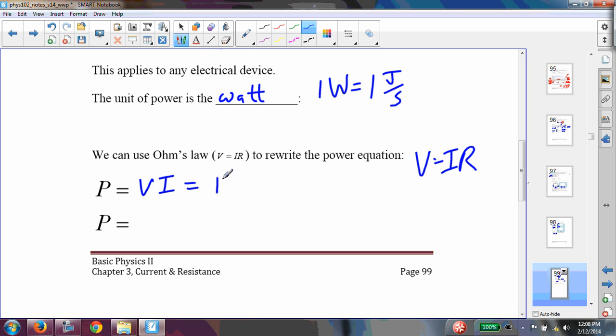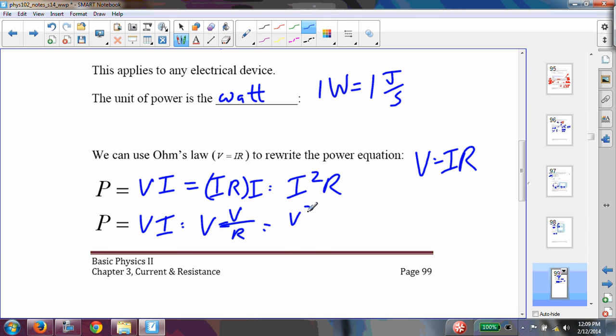But if I plug in IR for V, times I, I get an alternate expression for the power, which is I squared R. And then you can do another one where you say VI was V times V over R, which is V squared over R. So both of these are equal to the same power, and you can also have the original expression that we derived.